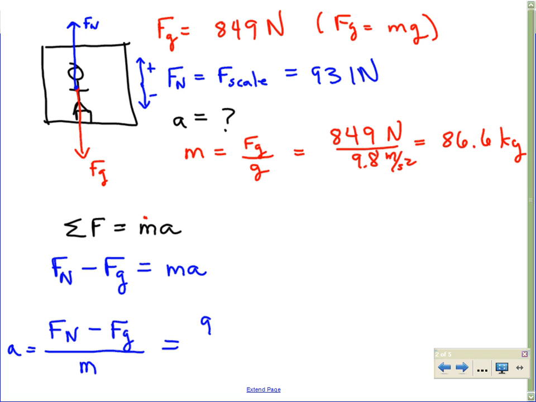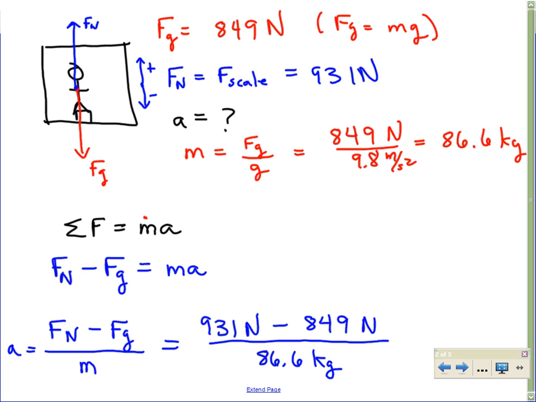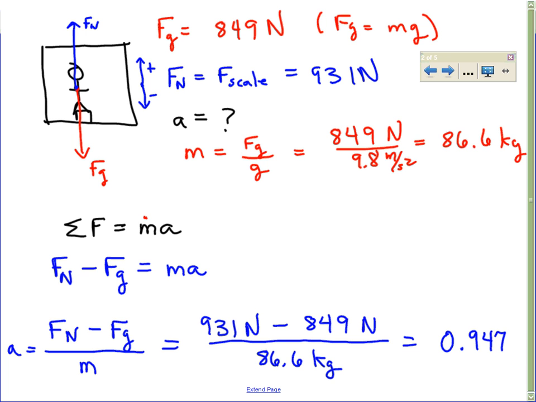Fn is 931 newtons minus the weight, 849, divided by the mass, which was 86.6 kilograms. If you calculate your acceleration, you have a positive 0.947 meters per second squared.